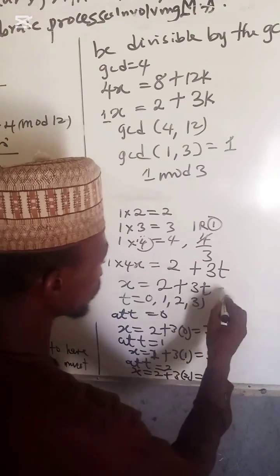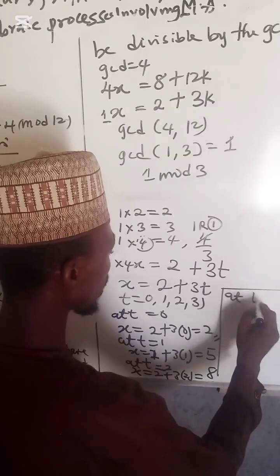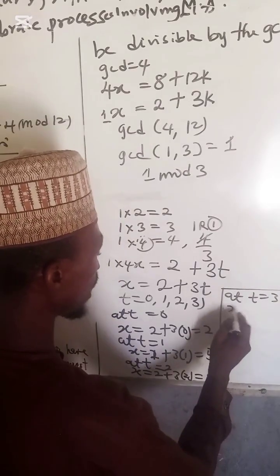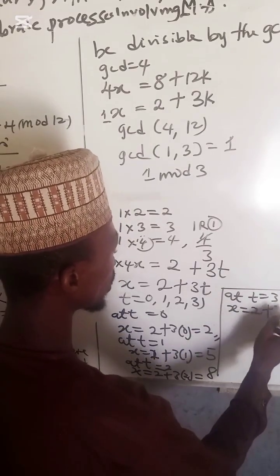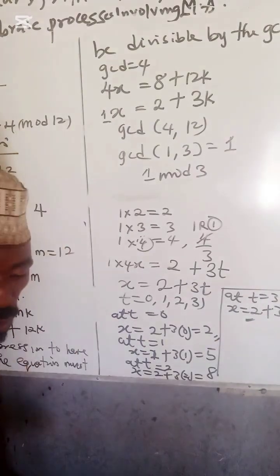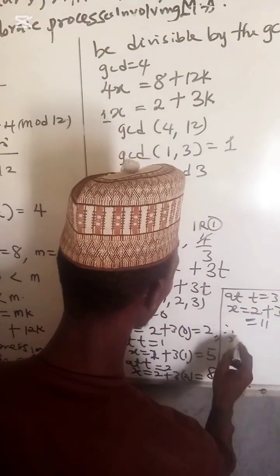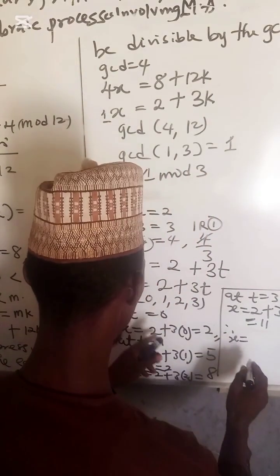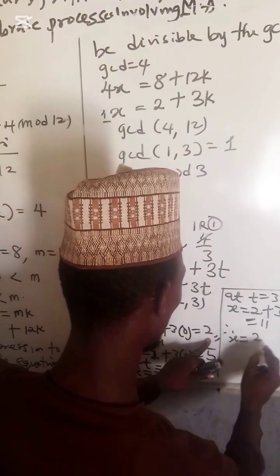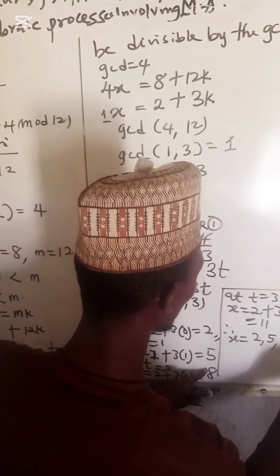Let's make use of this short space. At t equal to 3, x equals 2 plus 3 times 3. 3 times 3 is 9 plus 2. That gives us 11. So x has the values 2, 5, 8, 11.